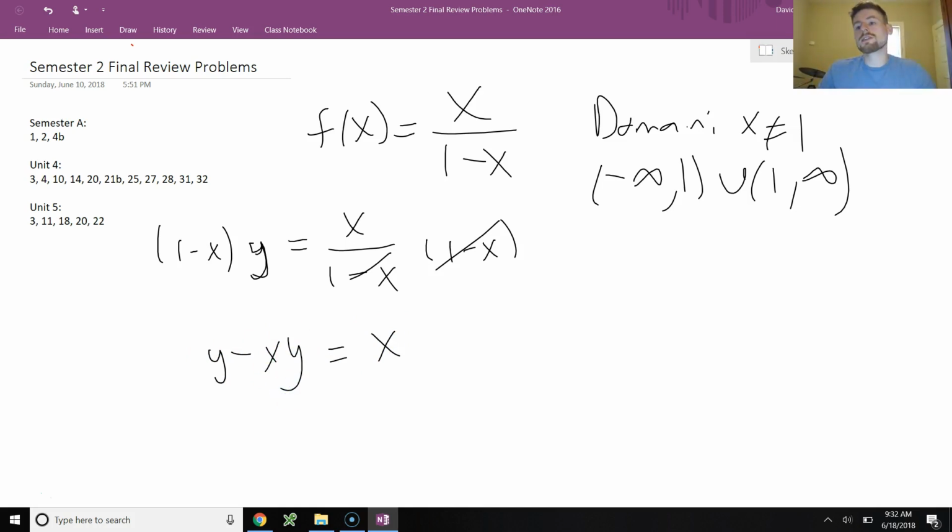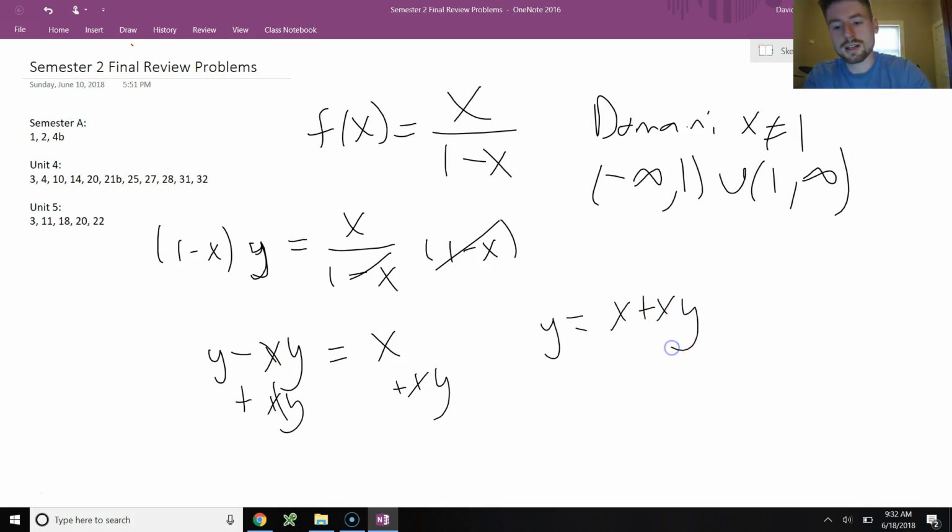Now we'll collect all the terms with x to one side, so we can add xy to both sides. That means I have y equals x plus xy. Then lastly, we'll factor out x from the right-hand side, and that will isolate x.